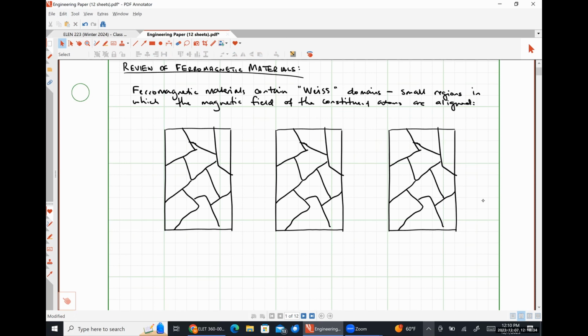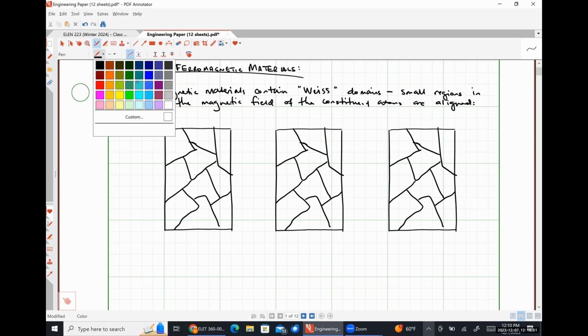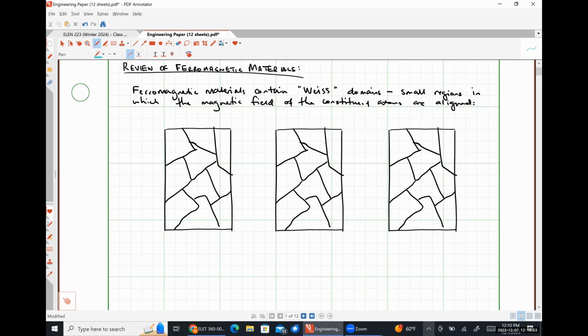So prior to us magnetizing our crystal, meaning that we wrap a wire around the core and pass a current through there so that we're forcing some amount of flux through it, these domains are going to be randomly oriented, okay? So our magnetic field lines for this particular domain in the top left might be in this direction. In this domain, they might be down.